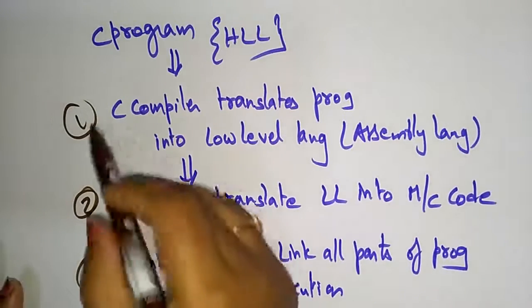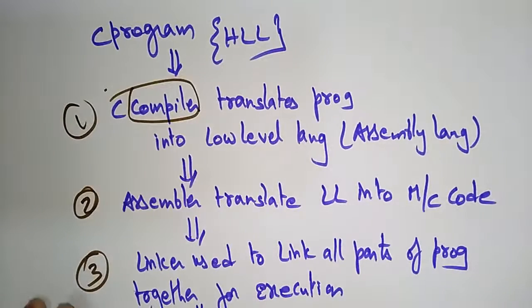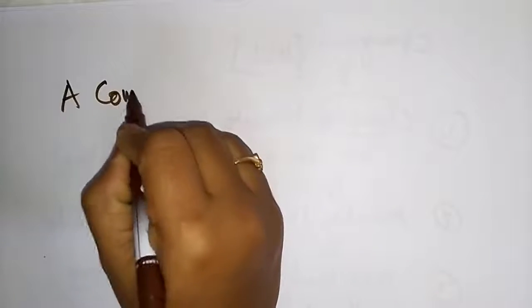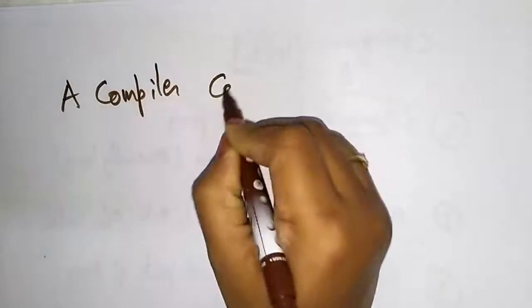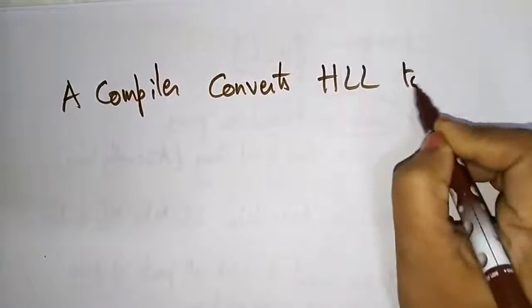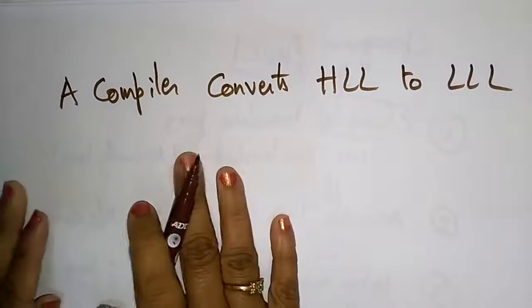Here we will concentrate only on the compiler: what exactly the compiler does and what its internal process is. Before that, let me write again: a compiler converts high level language to low level language, that is assembly language. Don't be confused.